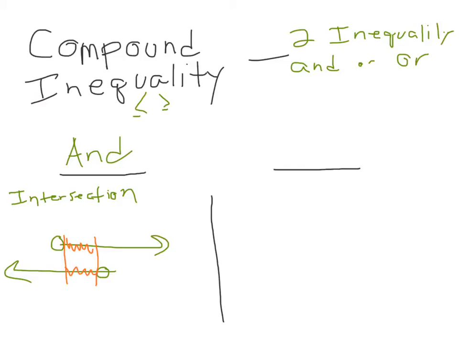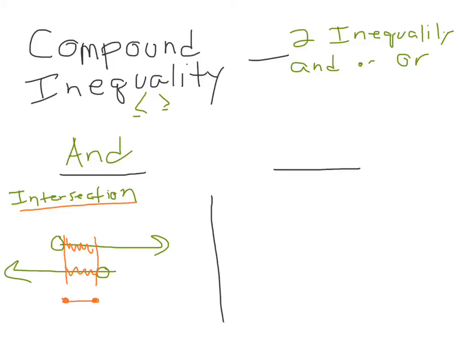And so we might actually draw our final answer as this. Okay? So essentially what we're doing is we're saying for an and inequality, it's where they intersect or overlap. So we have to have solutions that work for both of the inequalities, not just one or the other, but both. It has to work for this one and that one.